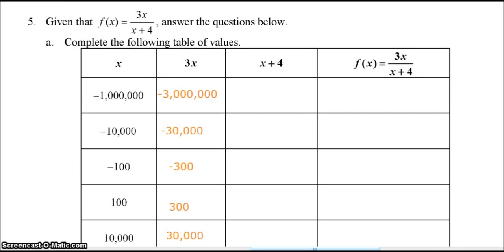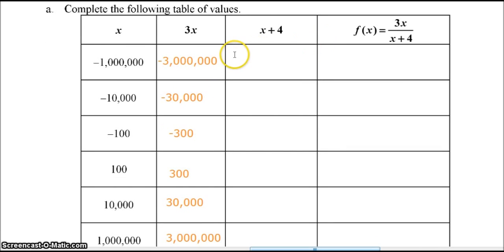Okay, then our denominator, x plus 4. This will be negative 999,996, negative 9,996, negative 96, 104, 10,004, 100,004.